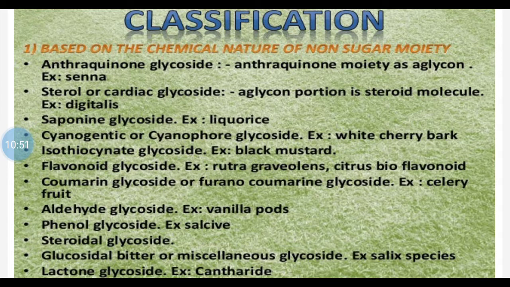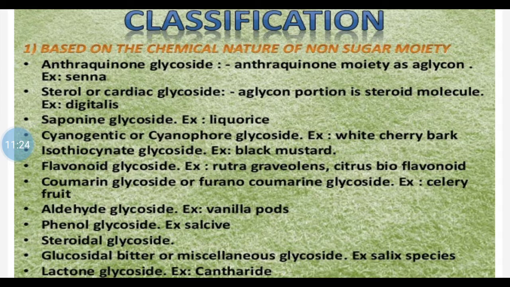That means the aglycon part which is present, and this aglycon part is responsible for pharmacological action, isn't it? Glycon is the sugar part, and that sugar part has a role only in solubility and hydrolysis. But the aglycon part, the non-sugar moiety, is more important. So we will see some of the important classes, and this is an important classification.